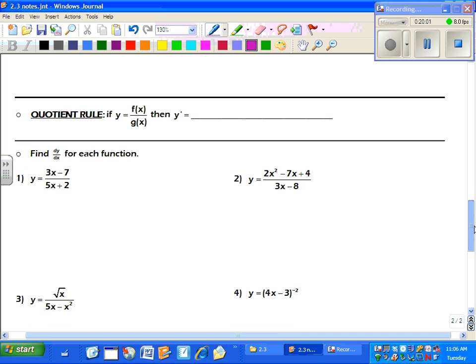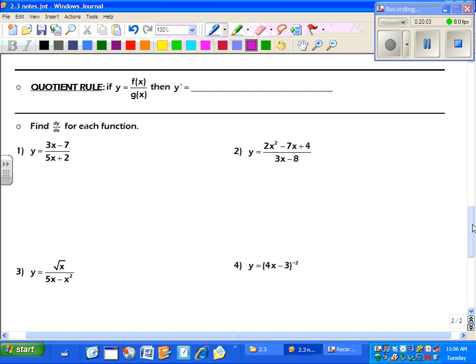What we need to look at now is what happens when we divide two functions and we're taking the derivative of that. We have to use the quotient rule. So you'll see part of this is similar to what we had with the product rule.